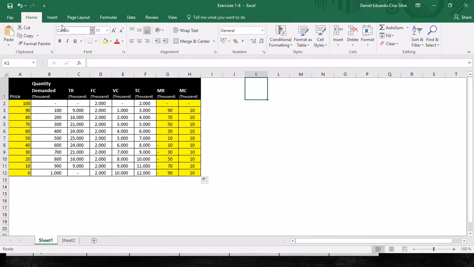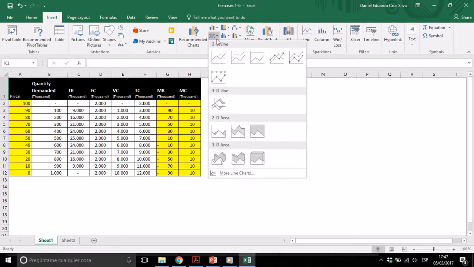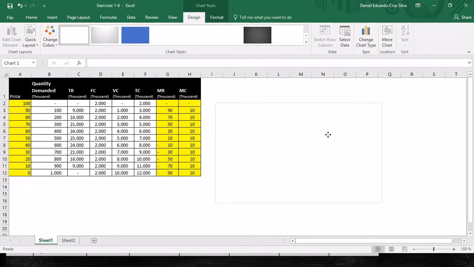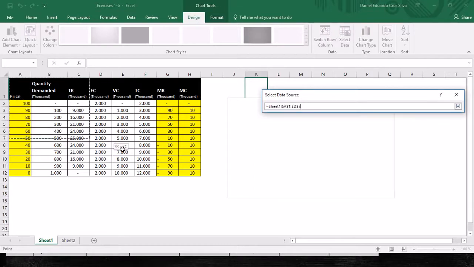How can we graph? First you go here, insert. Then after insert, you go here with these lines, and you choose this one. Once you choose this one, you need to select data. Then the data is going to be this one.